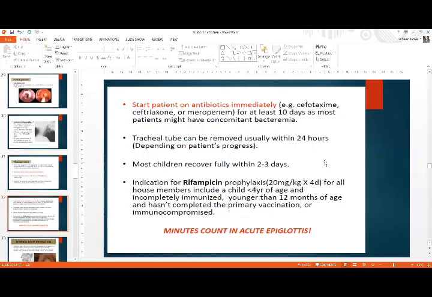Following this, there is one important thing: prophylaxis is given to all the household members, including the child if the child is under 4 years of age and not completely immunized, younger than 12 months of age, or immunocompromised. So the important message that you should remember from this disease is that minutes count. You have to be very quick, very vigilant and aggressive in your management.